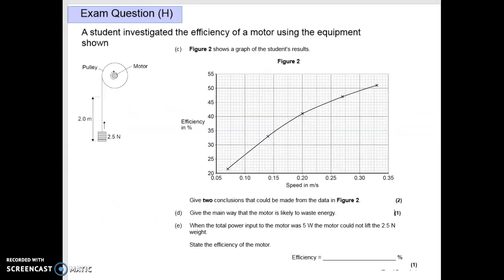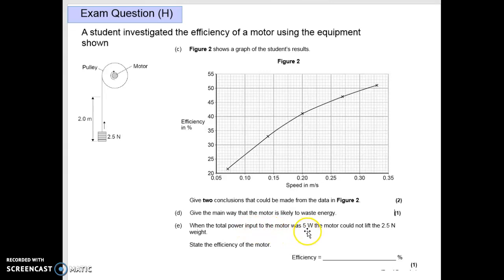Okay, here's a higher question. To give the main way that the motor is likely to waste energy. Okay, motors always involve movement. Think about that in terms of your friction. And then work out what the total power input to the motor was.